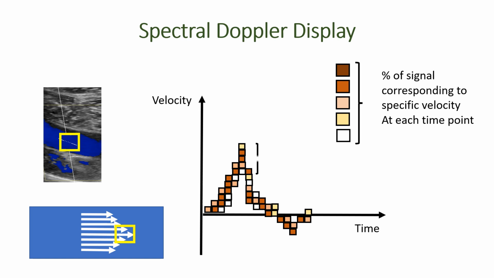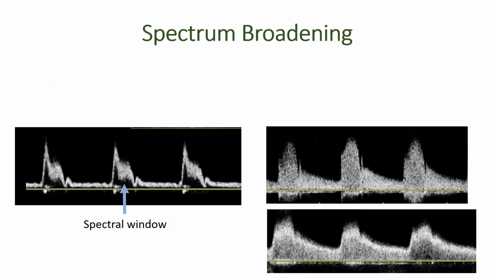The spectrum width corresponds to the entire range of detected velocities within a sample volume at a time point. In normal arteries, the spectrum is relatively narrow. When taken in the center of the artery during systole, this spectrum does not include low velocities, leaving a visual gap between the velocity trace and the baseline called the spectral window.